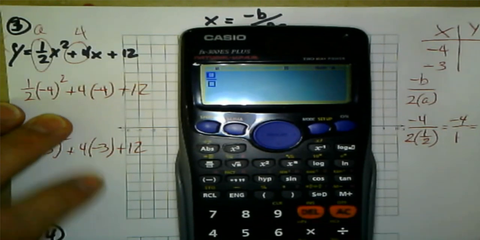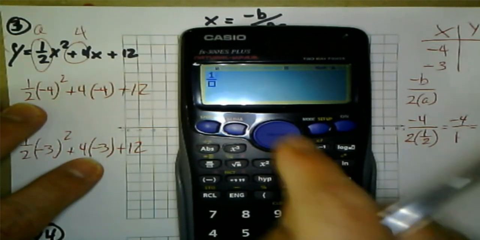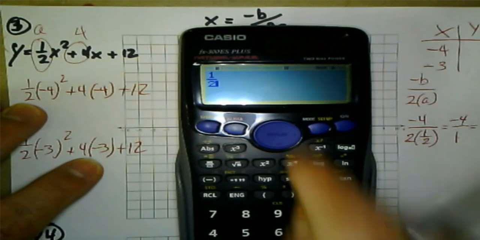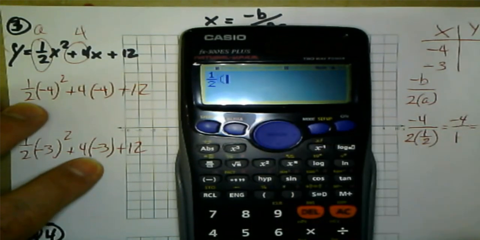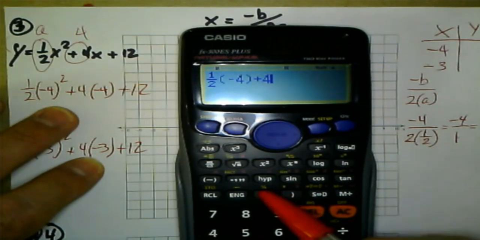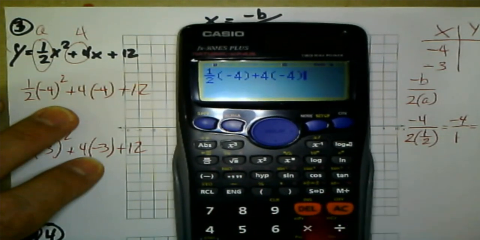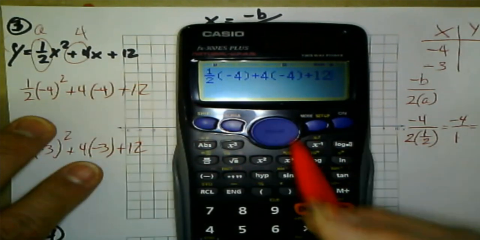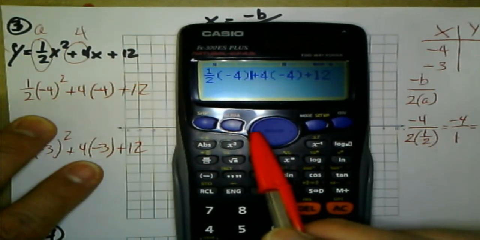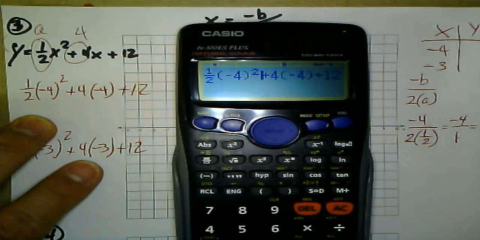Whoops, not parenthesis. 1, and then you have to move it down, 2, move it right, put your parenthesis, -4, parenthesis, plus 4, parenthesis, you have to put -4, your parenthesis, plus 12. Oop, I missed it. What did I forget? The square. It's easy to go back and put it in there, don't erase. So the answer is 4.